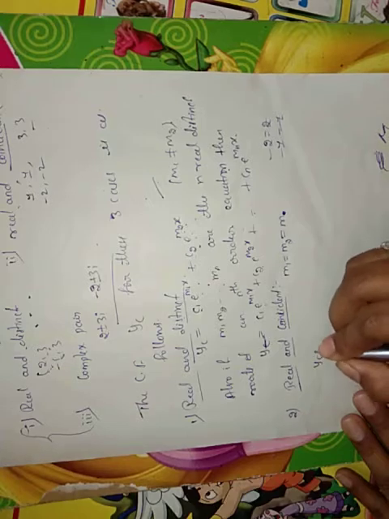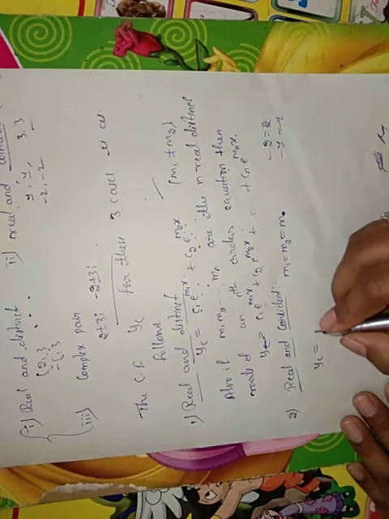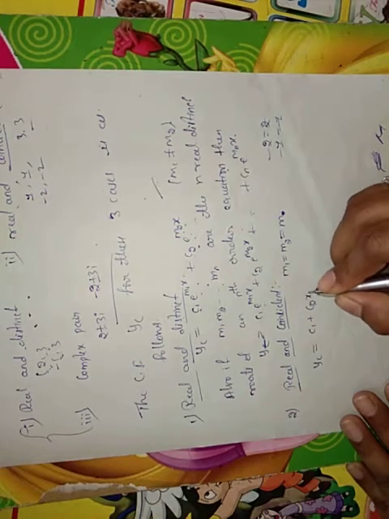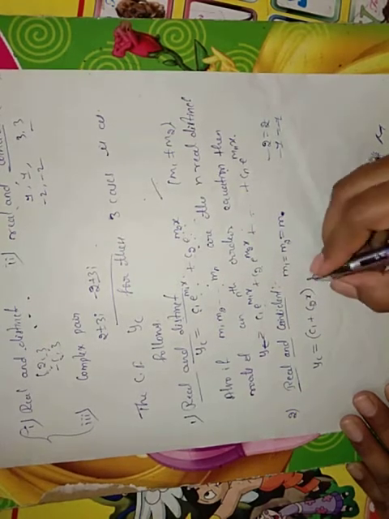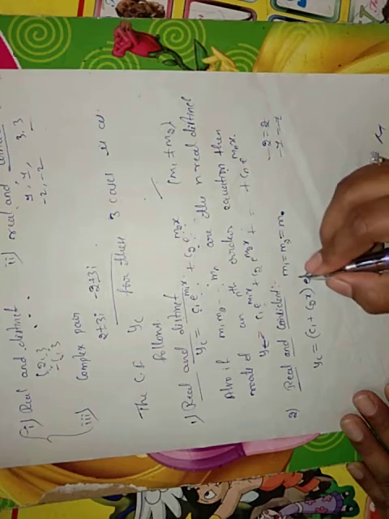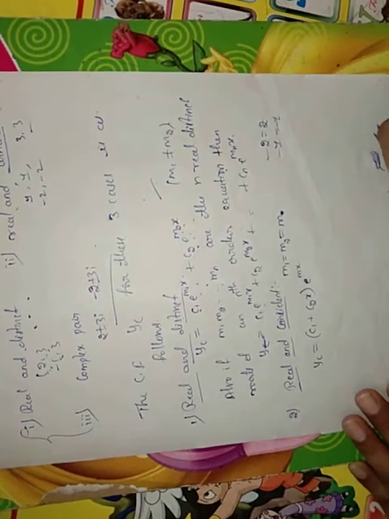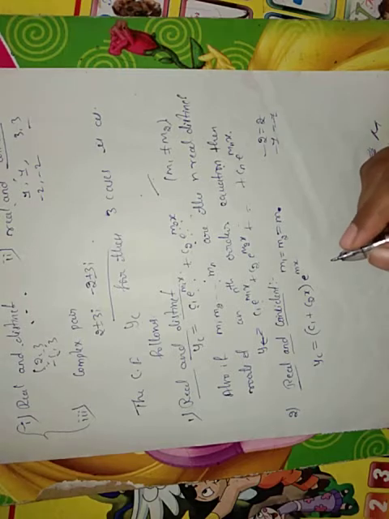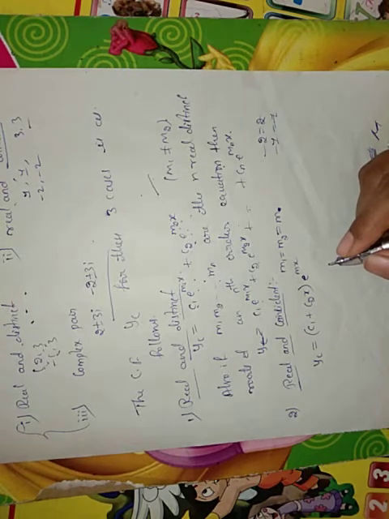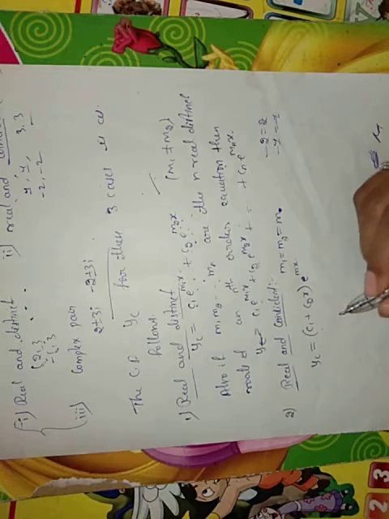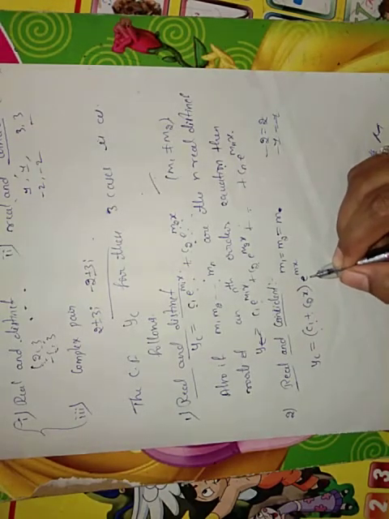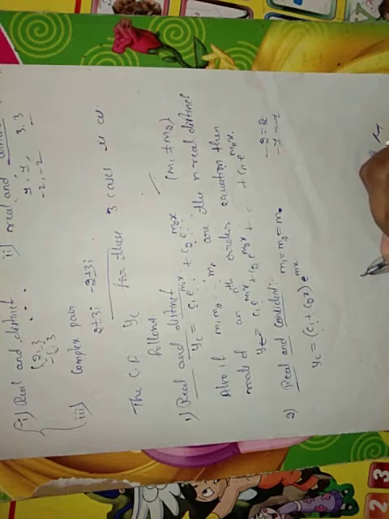Then your complementary function is c1 plus c2x into e raised to mx. When the two roots are equal and real, your complementary function is equal to c1 plus c2x into bracket e raised to mx.